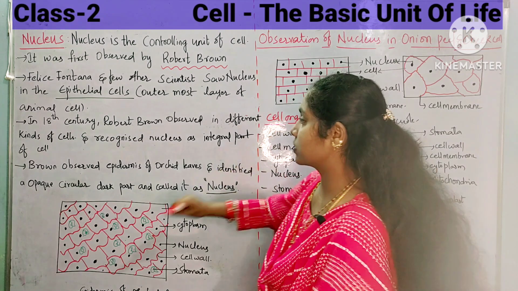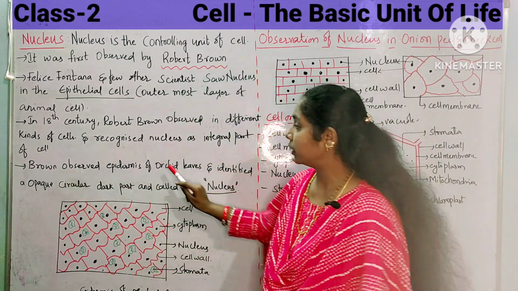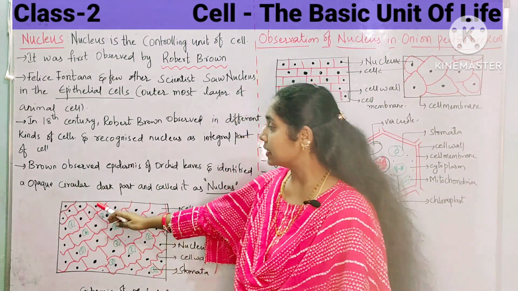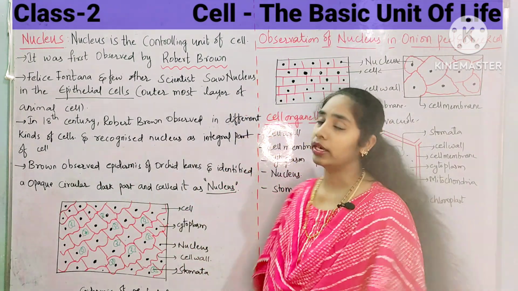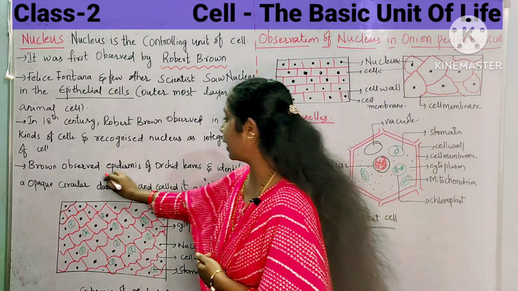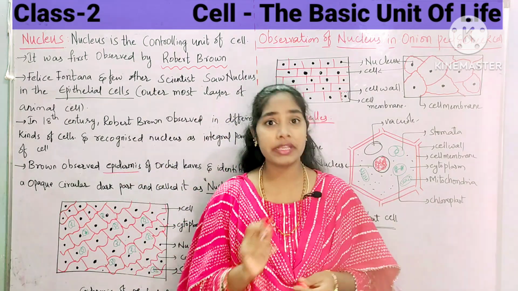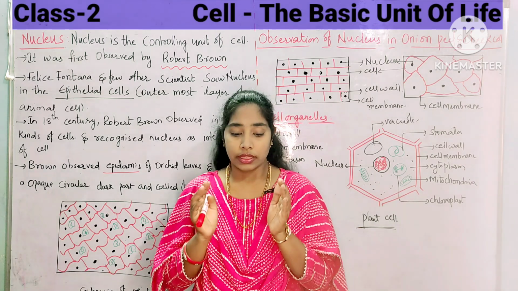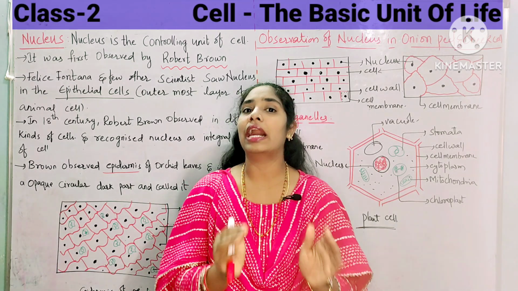Next, Robert Brown observed the epidermis of an orchid leaf and identified an opaque circular dark part and called it the nucleus. Here there is the word epidermis. Epidermis is a layer of cells, a group of cells. The epidermis is seen in plant cells.